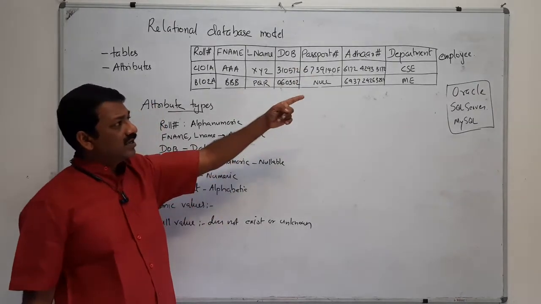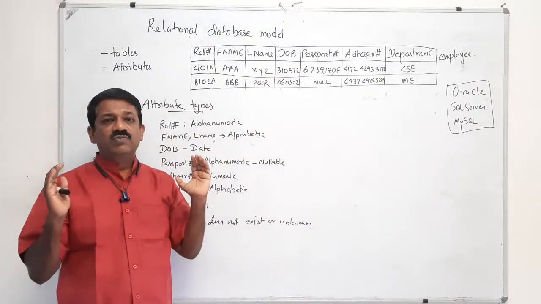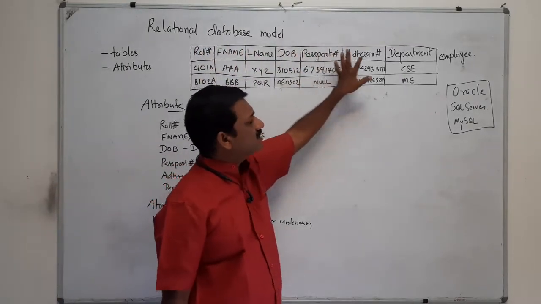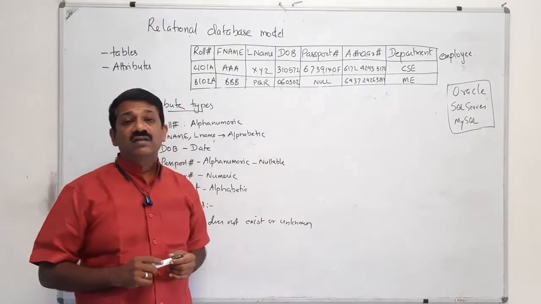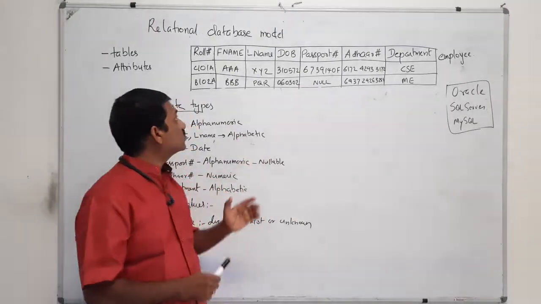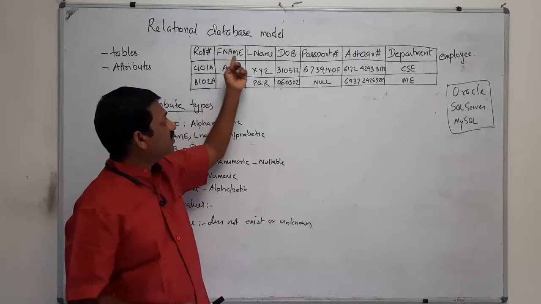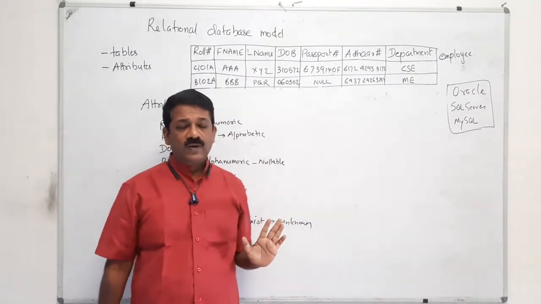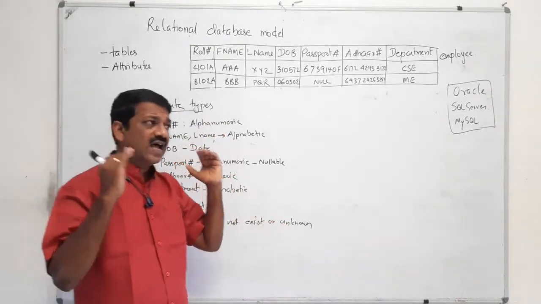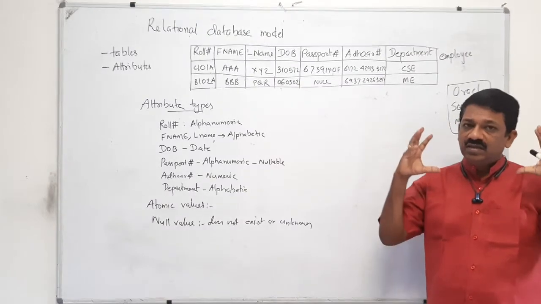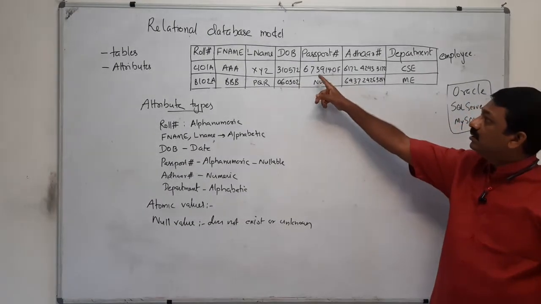That means 1, 2, 3, 4, 5, 6, 7 attributes are there for that employee. That means roll number, first name, last name, up to department. These are the attributes or properties associated with that tuple.